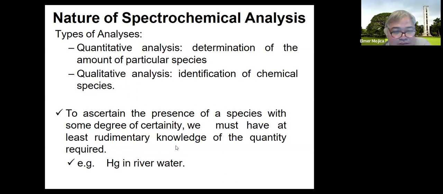Okay. So at first, we have to identify that the level of the mercury present in the river water exceeds a certain threshold. So usually, ano tong threshold na to? A threshold that you consider that they are already what? Toxic, poisonous.